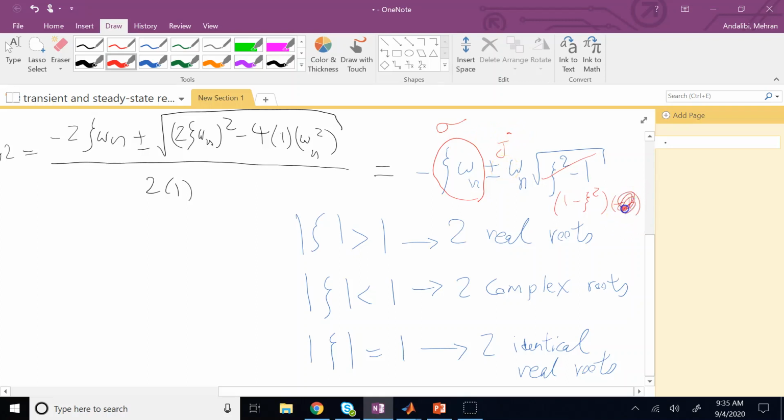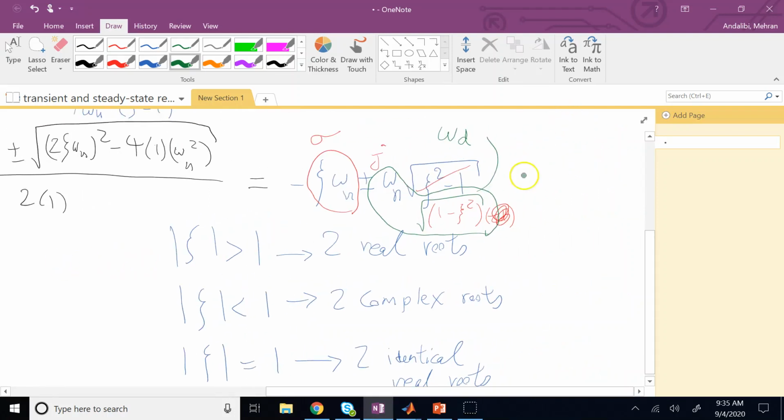And omega n times the square root of 1 minus zeta squared, we call omega d. So in general, you can write it as negative sigma plus minus j times omega d. And that's what I have done here for you.